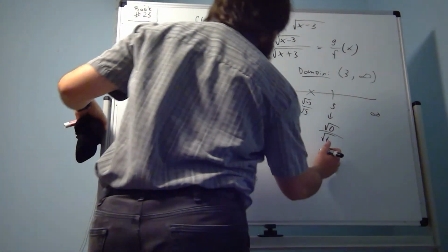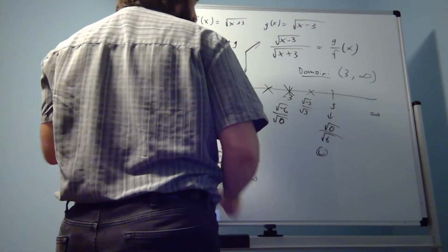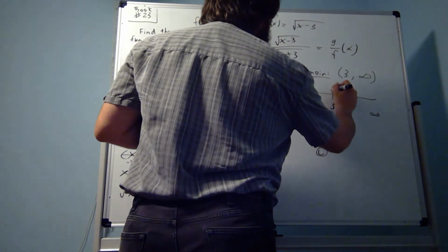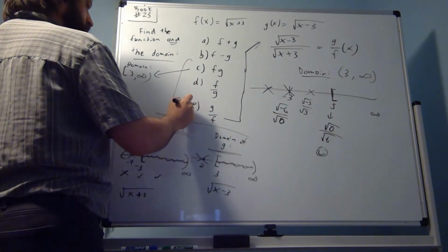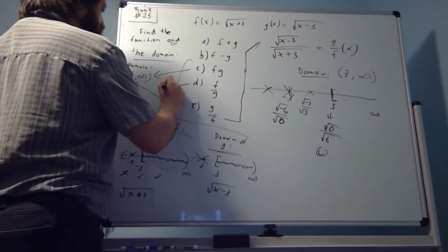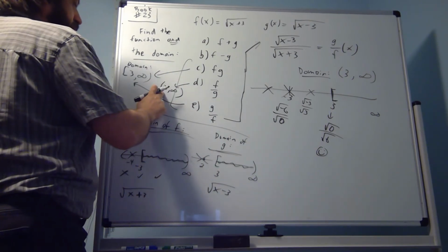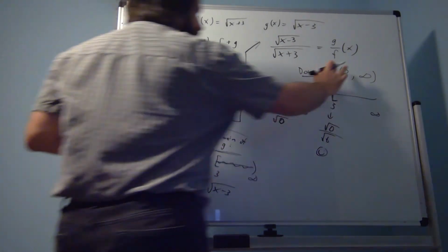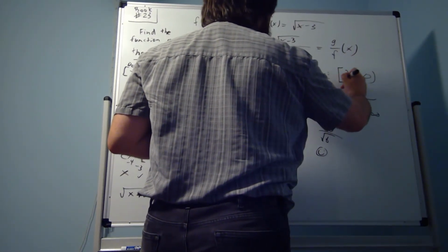So that number belongs to the domain, because the function g over f makes perfect sense. So in part D, we had an open inner bracket at 3, but in this problem, I didn't erase the answer from last time, so now it's different.